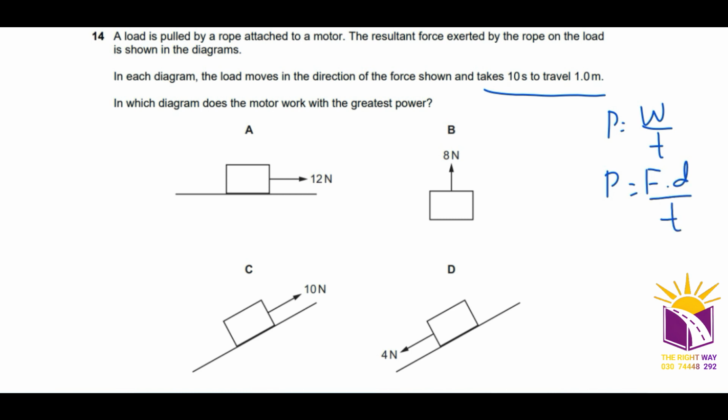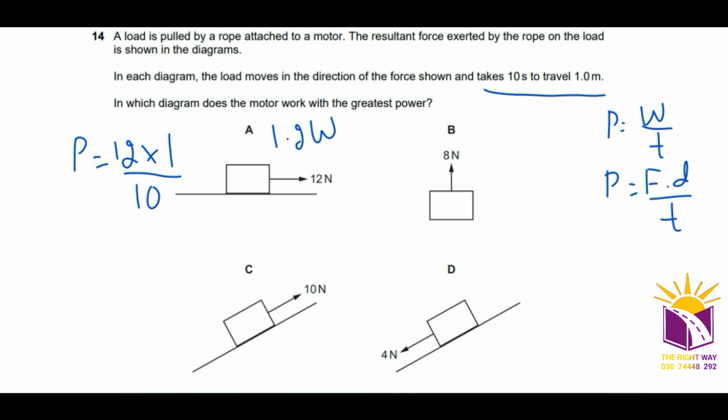time. For the first, force is equal to 12 multiplied by displacement 1 meter divided by 10 seconds, so it is 1.2, sorry, not pascals, watt. Power will be equal to 1.2 watt.